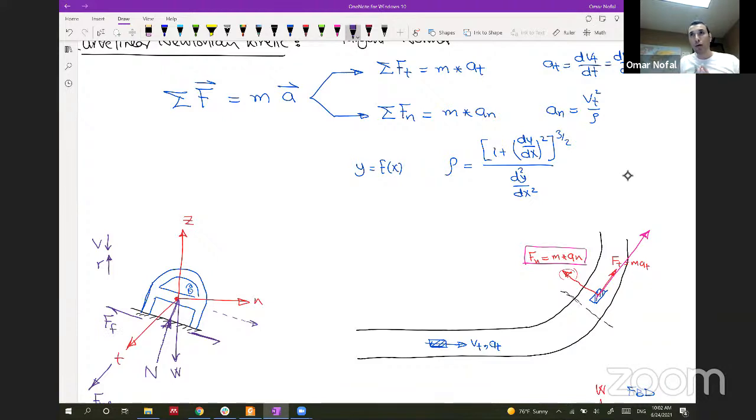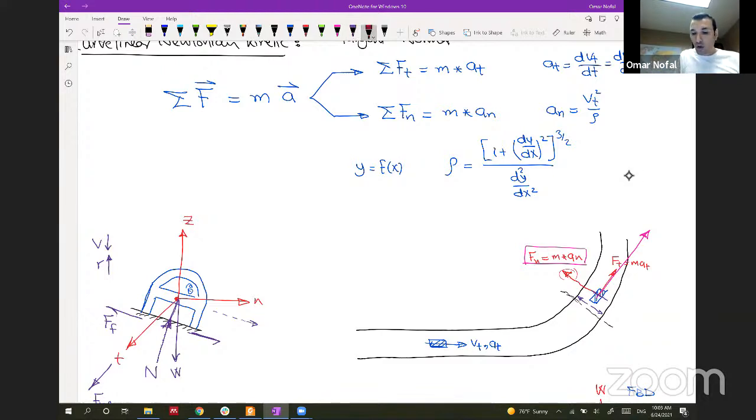Like imagine that you are parking your car on a slope. This is actually a cross section of the car. So the car might move this way or this way. If the velocity is almost zero and the radius is very big, it's almost a straight line, so the friction will be generated in this way.